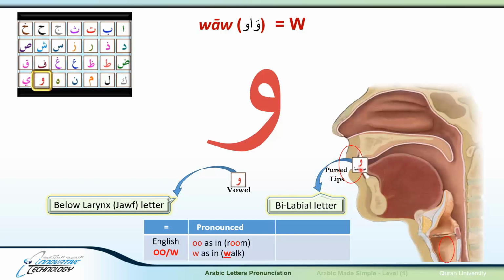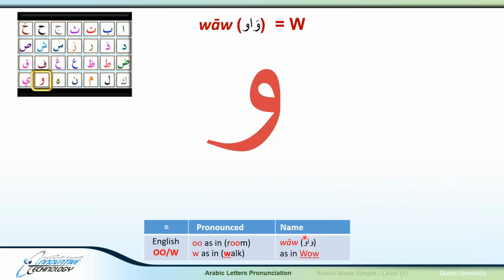So both wa and oo are called waw. The name is waw, but there are two ways to pronounce it, either as a vowel, oo, as in room, or as a wa, like a W, as in walk.